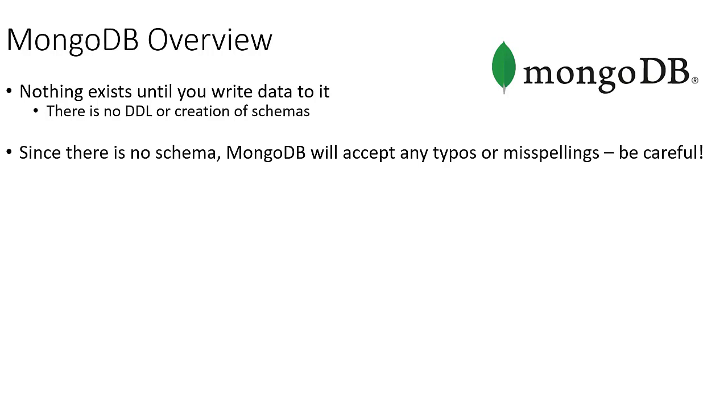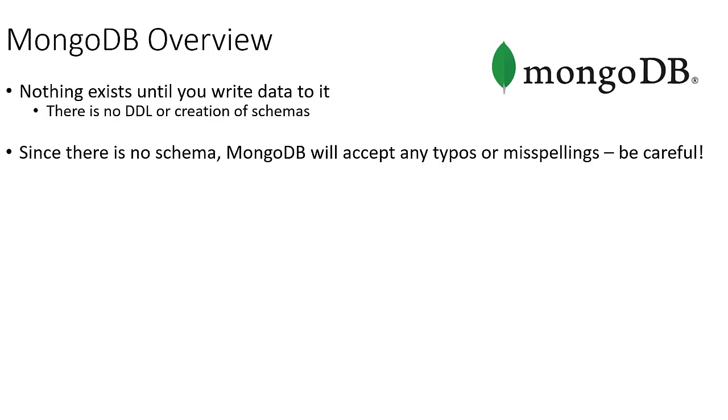So on the one hand, this is really nice because it means MongoDB is extremely flexible as to what we can write into it. However, on the other hand, MongoDB is just going to happily accept any typos or misspellings that we might accidentally put in. So we have to be very careful to be very precise with what we are typing in.